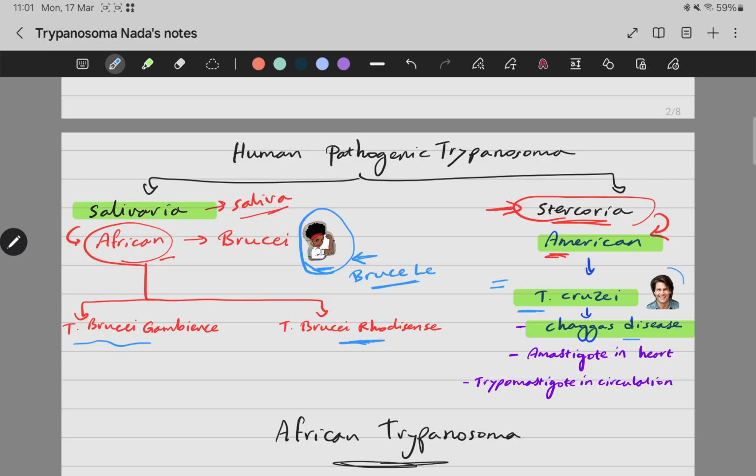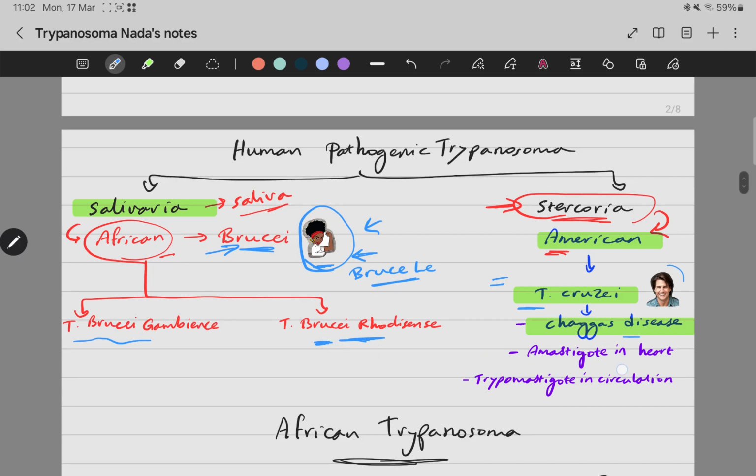So Bruce Lee, strong, like African people. Bruce Lee reminds us of Trypanosoma brucei. Trypanosoma brucei, like Bruce Lee, strong, African. So African Trypanosoma is brucei: Trypanosoma brucei gambiense and Trypanosoma brucei rhodesiense.